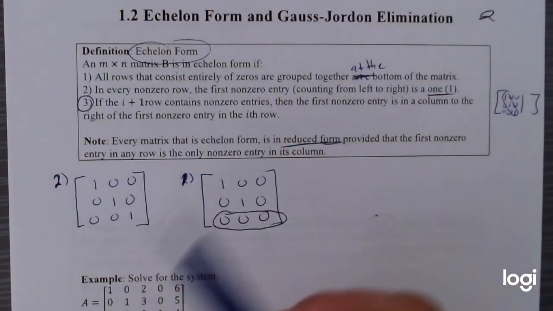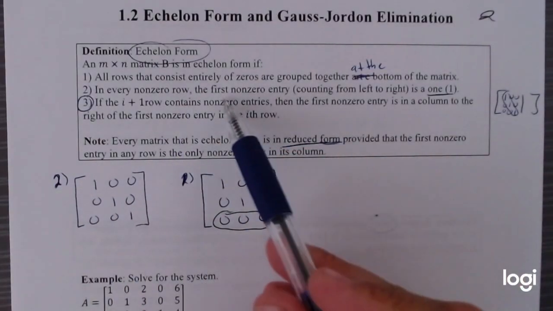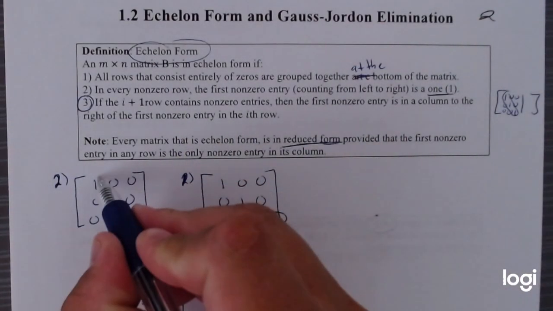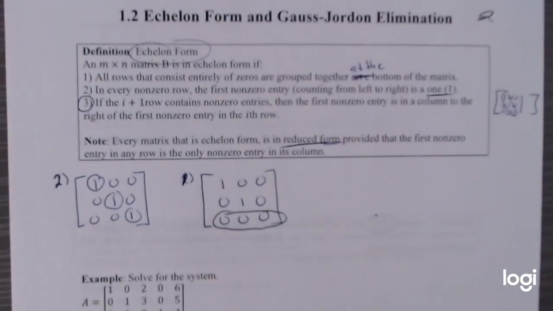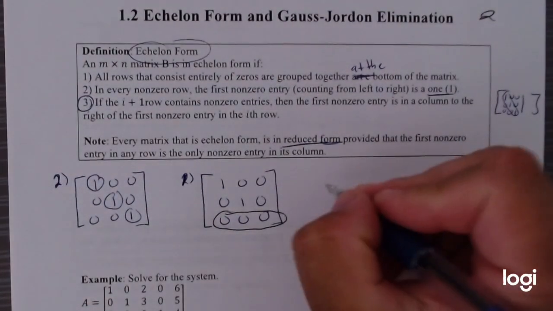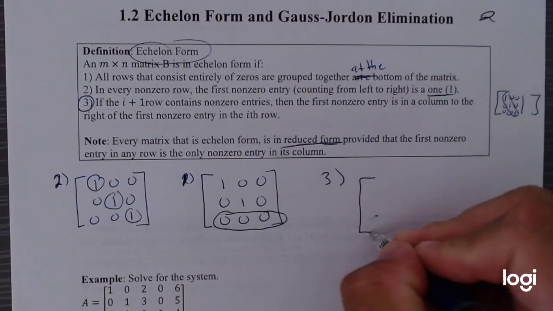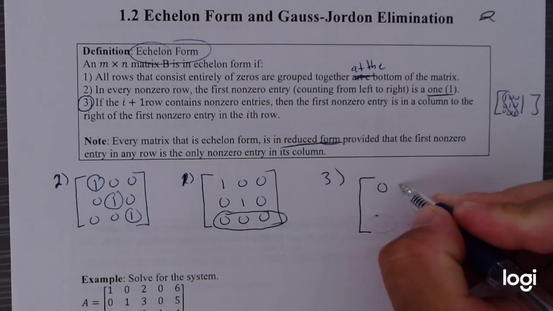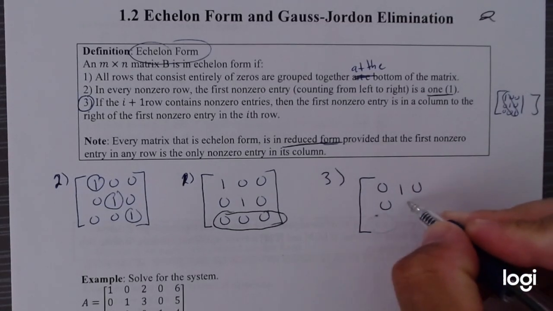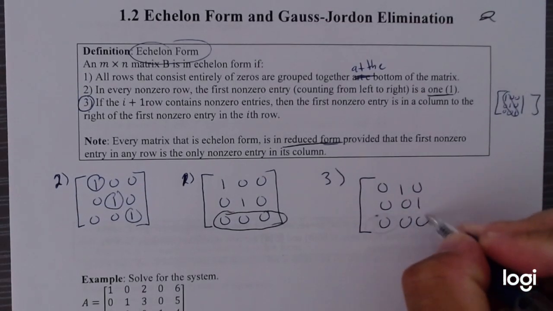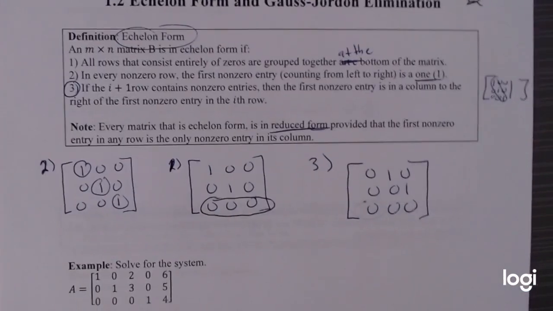In every non-zero row, the first entry is a 1. And then the third one kind of looks like this. This is kind of an extreme example.